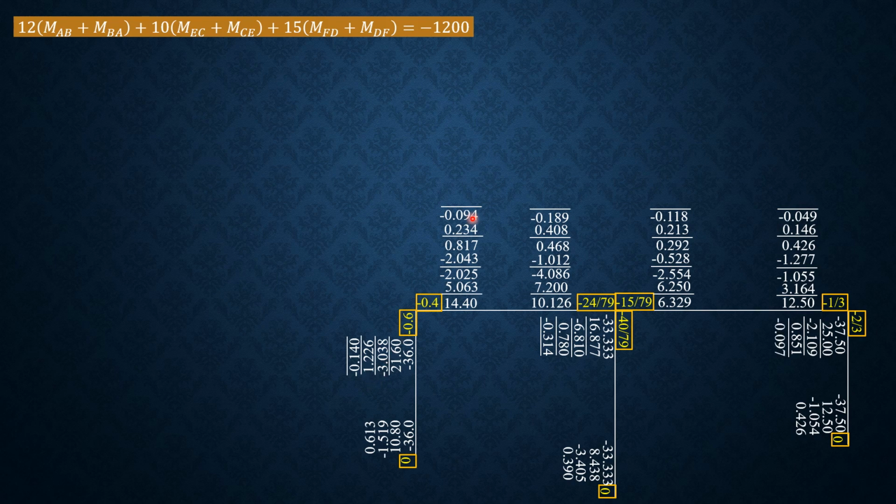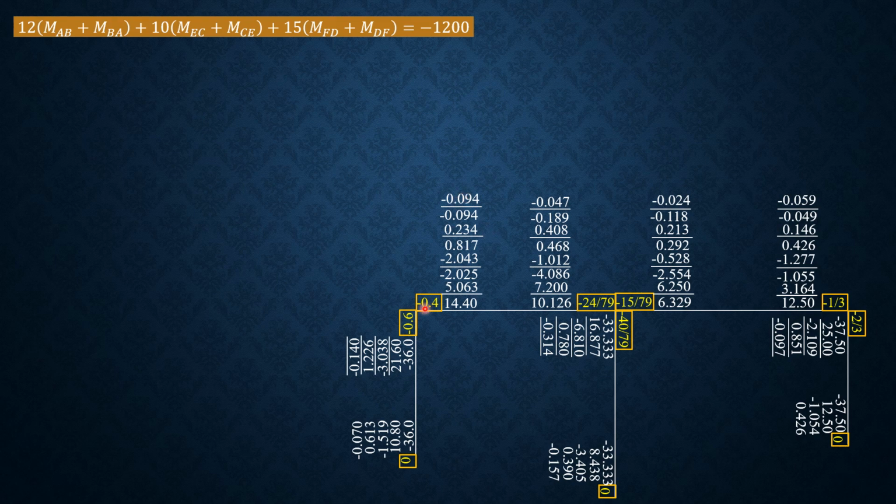Half of negative 0.189, half of negative 0.094, negative 0.047, half of negative 0.049, half of negative 0.118, then 0 here, half of negative 0.314, 0 here, half of negative 0.097.